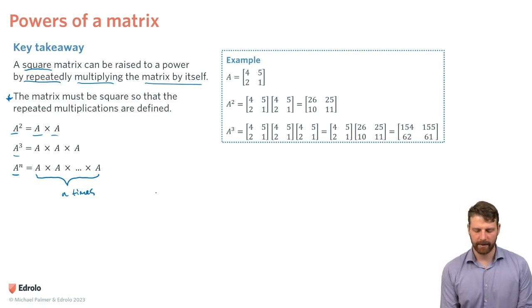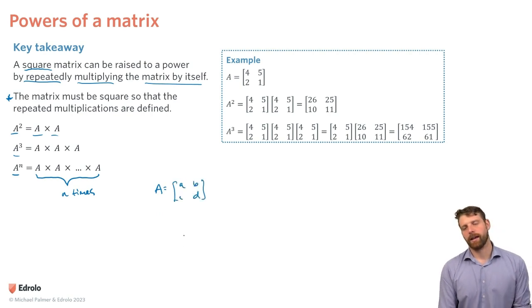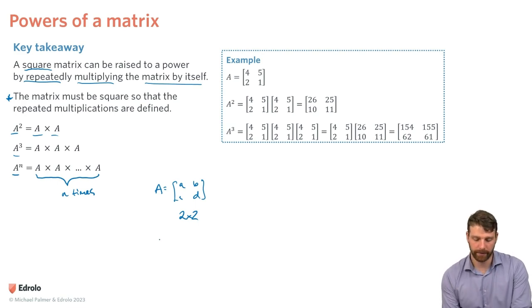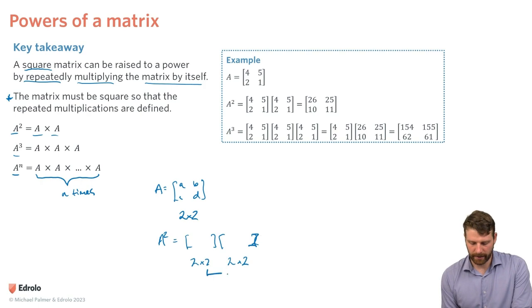Okay, let's say that A is a 2 by 2 matrix. If I want to do A squared, then this would give me a 2 by 2 times a 2 by 2. Notice that here the insides are the same, and so we can square a matrix that's 2 by 2.